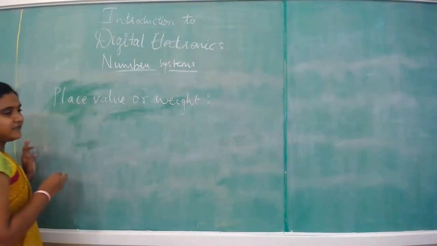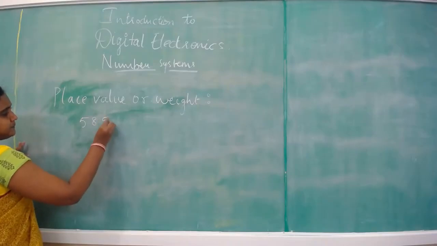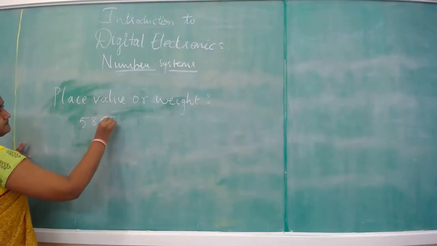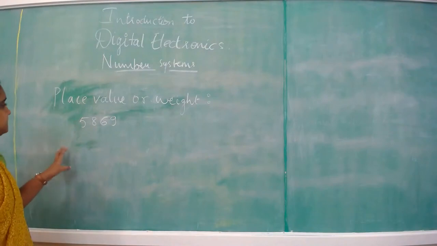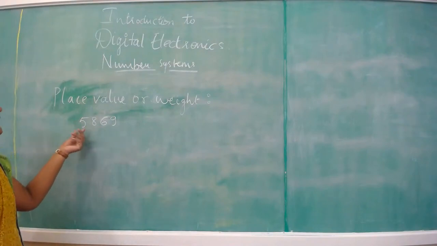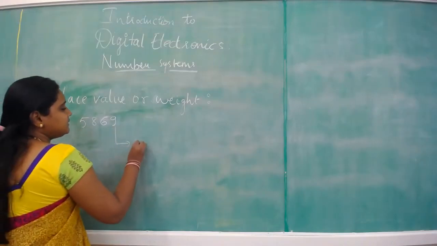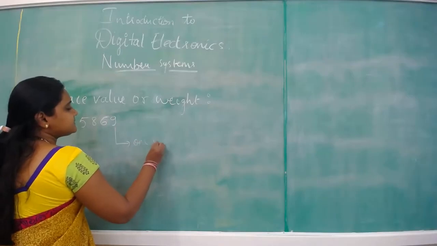I will explain it with an example. I will write a decimal number. This is a decimal number. Here, each digit has its place value. For example, 9 has the units place or ones place.